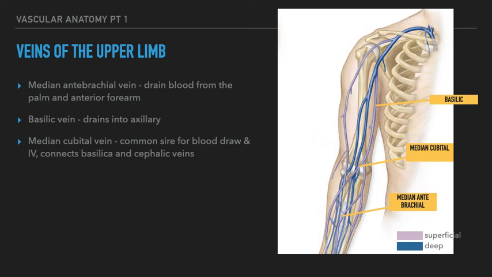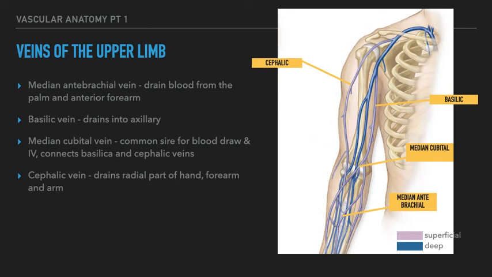This vein connects the basilic and cephalic veins, and it also becomes really prominent when pressure is applied to it. The cephalic vein is another superficial vein that I've already mentioned a couple times, and it drains the radial part of the hand, forearm, and arm, and it runs its course along with the basilic vein. These run together along either side of the arm.